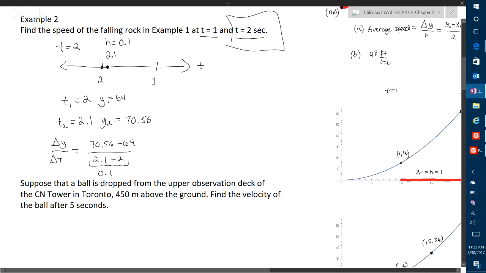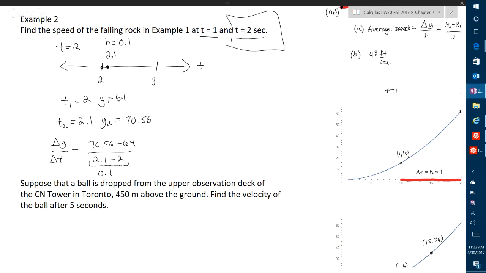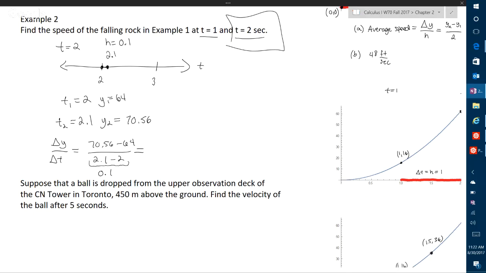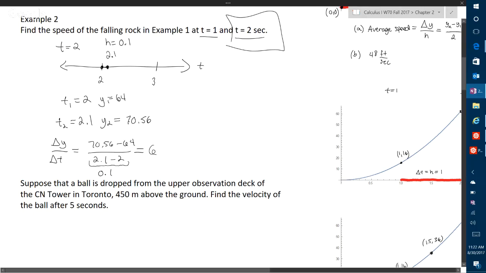If you chose a smaller one, that's fine. We're going to get to the same place. So you take the difference and then you divide by 0.1. What do you end up with? 65.6? Okay, good. And now I want you to do it a couple more times.